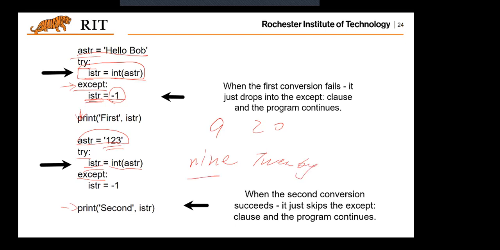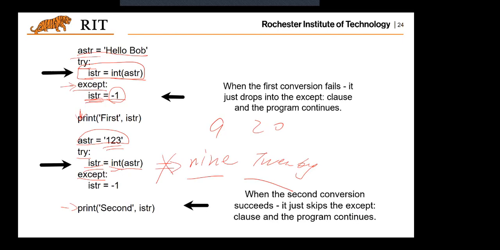Well, I would say it's still the 9 and 20, but if you use the int function, which is a type conversion function that converts a numeric character to an integer, it will fail. Basically, they cannot do this.